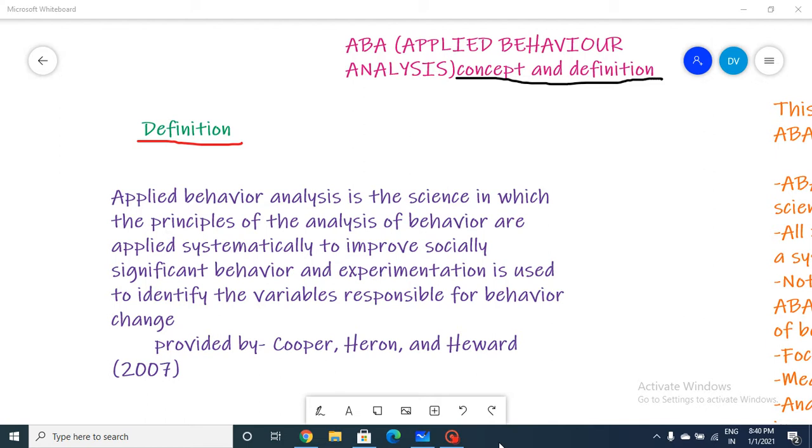Provided by Cooper, Heron, and Heward, 2007.